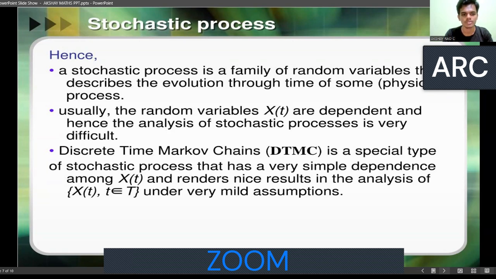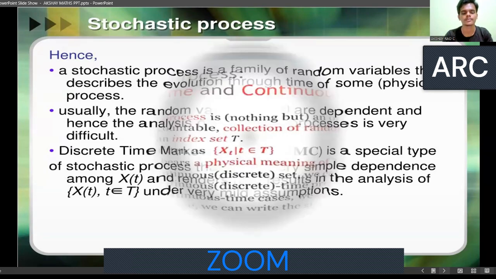The meaning of DTMC is discrete time Markov chains. It is a specific type of stochastic process that has a very simple dependence among the X of t, and it renders nice results in the analysis of X of t, t belonging to T, under very mild assumptions.